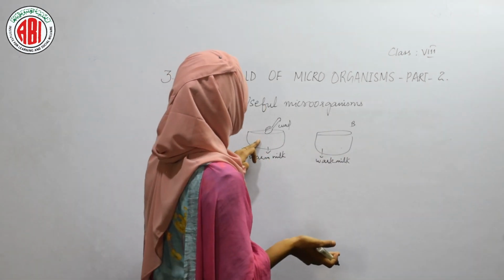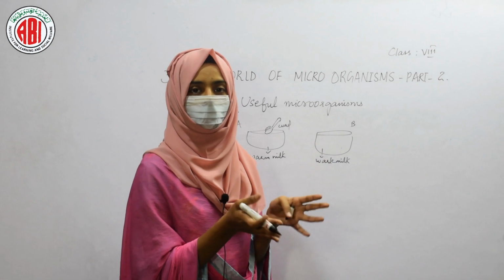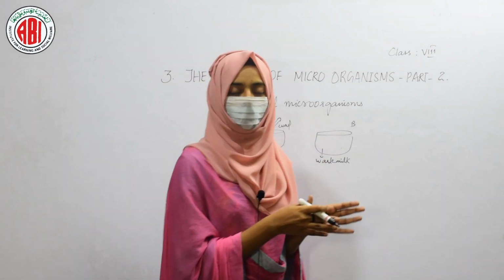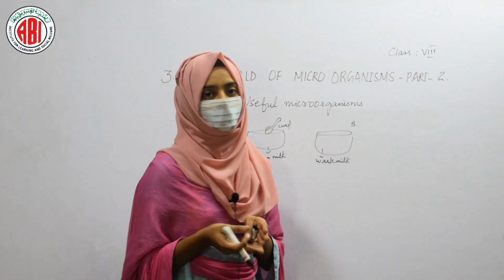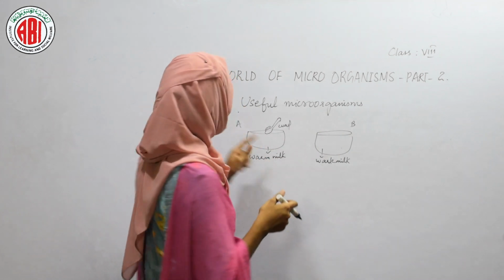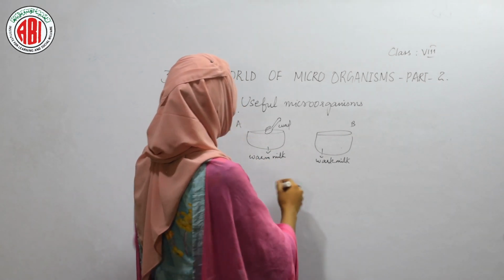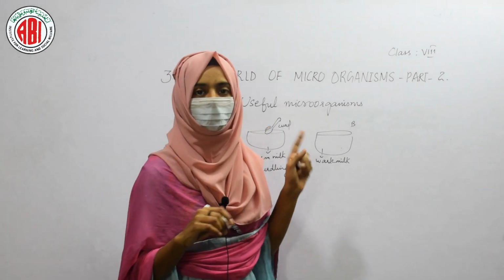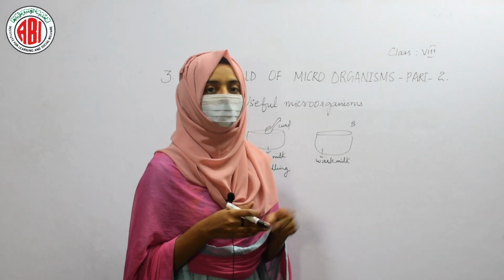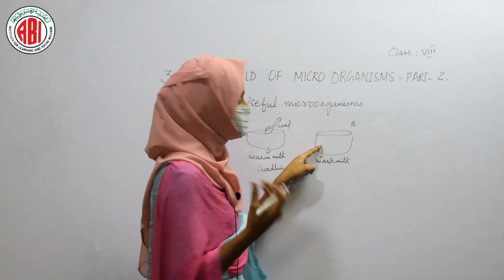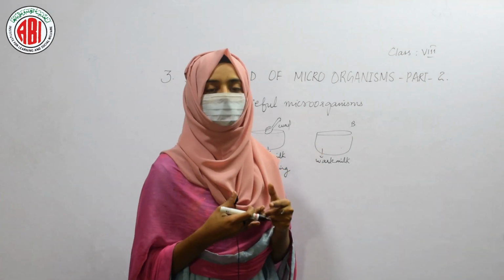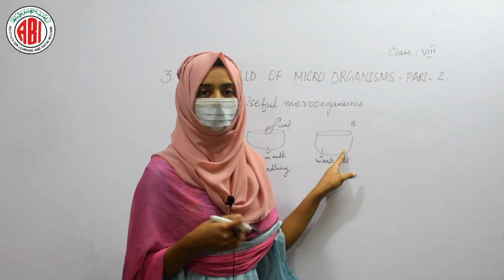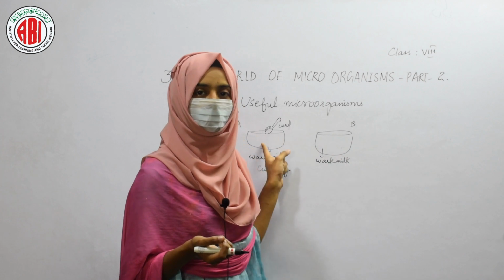When we keep both bowls aside for some time, we can clearly observe that bowl A shows curdling. The milk present in bowl A has turned into curd, and bowl B shows the milk remaining the same. Here the curdling does not take place, but in A curdling takes place.